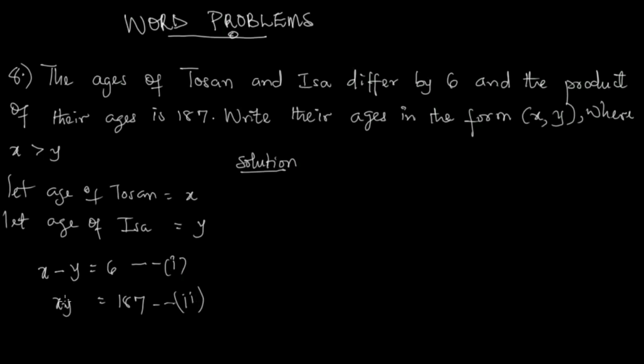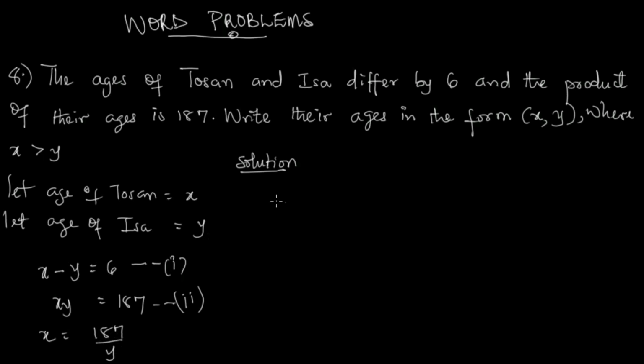The best method for us to use here is the substitution method. So from equation 2, x equals 187 over y. We can come to equation 1 and substitute x.